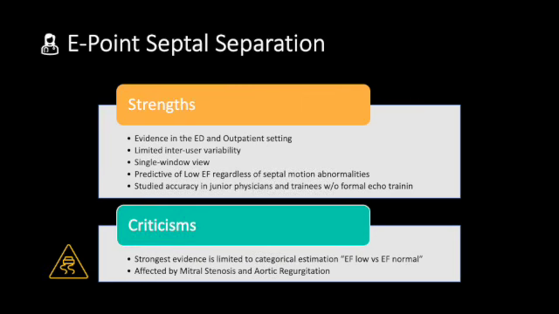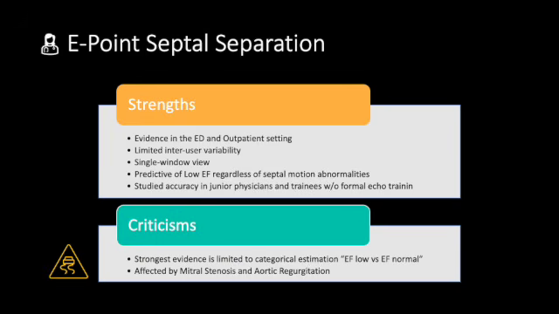There are several strengths that make the E-point septal separation my preferred method for evaluating the ejection fraction in patients in the clinical setting. The first is that it's got evidence for using it not only in the emergency room or in the ICU, but also in the outpatient setting, even by practitioners like us that are family practice or junior trainees that don't have formal echo training.